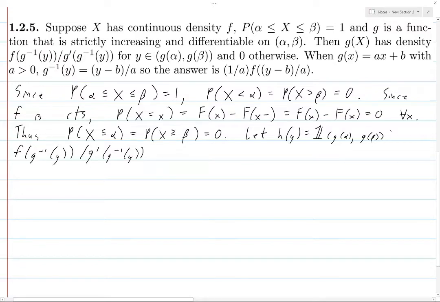This is precisely the density function that we want to prove that g of X has. Indeed, if y is in this open interval, then it has this form, and it's 0 otherwise, which is why I added in the indicator function there.